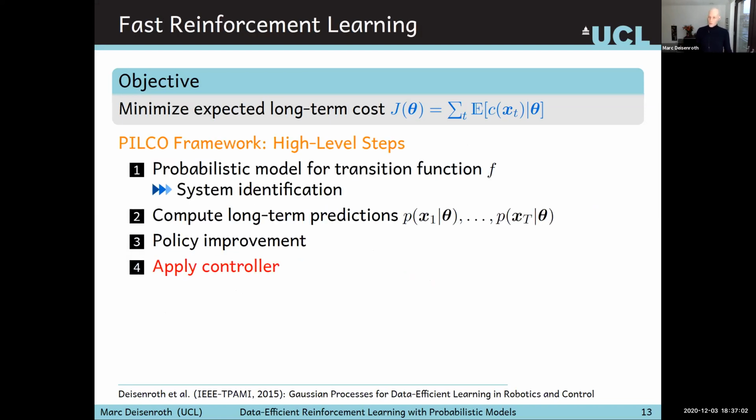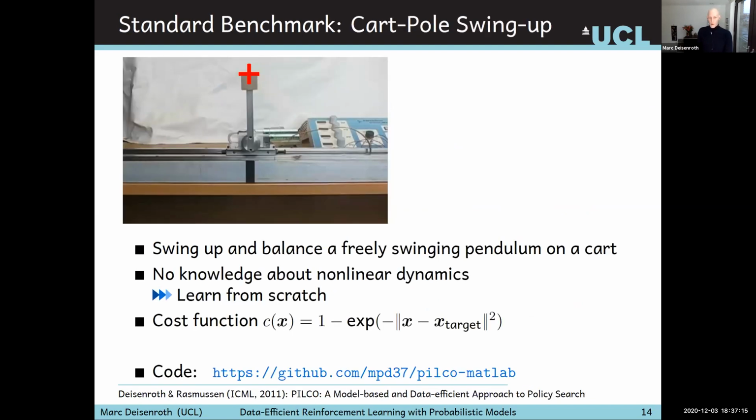Okay, so now we have a new controller, and the question is, what happens now? I said the fourth step is to apply the controller to the real system. For that, I thought I'll show you a little bit how this works in practice. We're looking at a simple robot, called a cart-pole system.